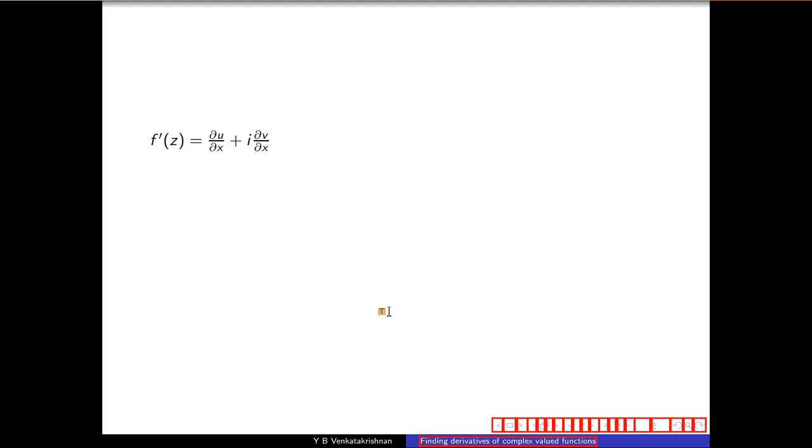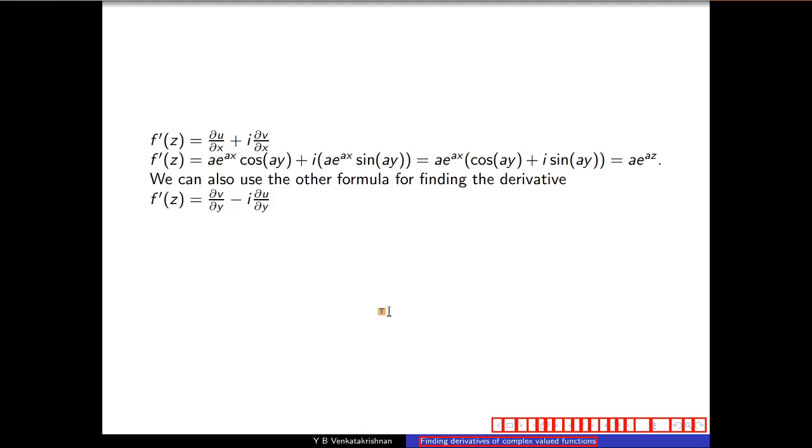Now I use the formula for f dash of z, which is equal to dou u by dou x plus i dou v by dou x. I substitute the corresponding values and I get f dash of z is equal to a e power ax into cos ay plus i sin ay, which will give you the required result. f dash of z is equal to a e power az.